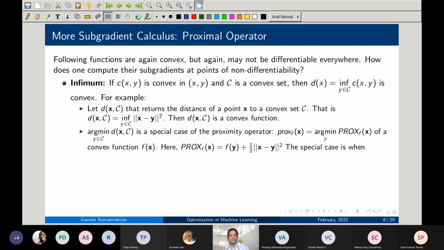Let me illustrate it. So this is a convex set. This D here is this distance. Let me draw that D.